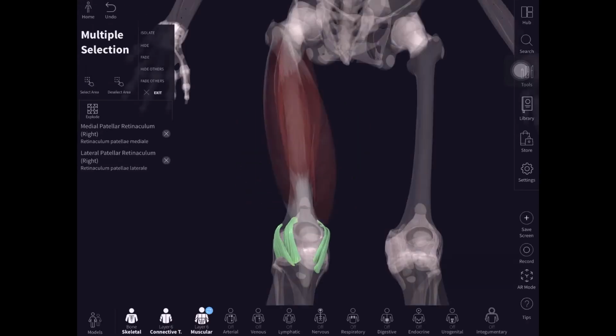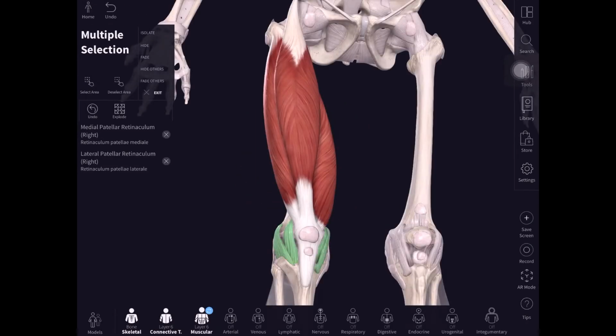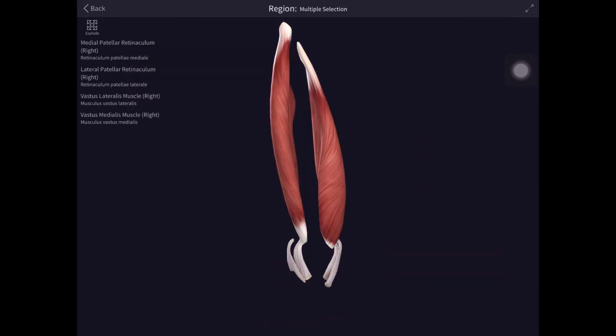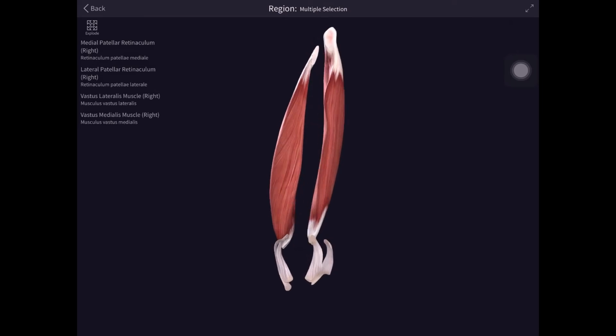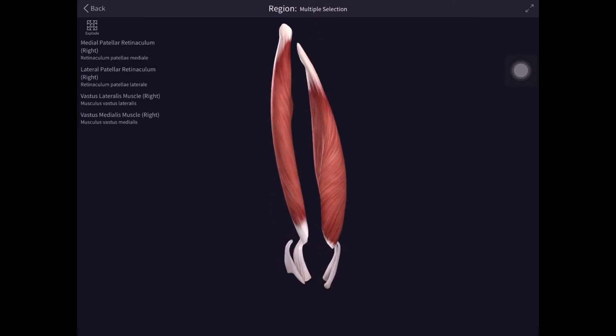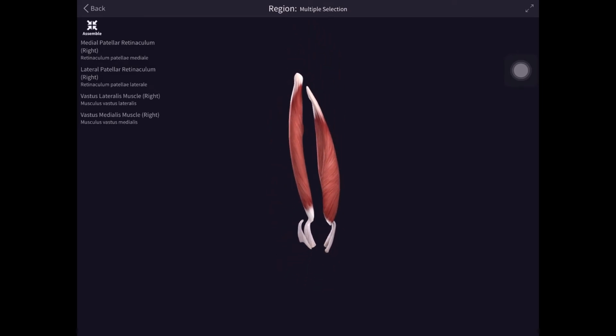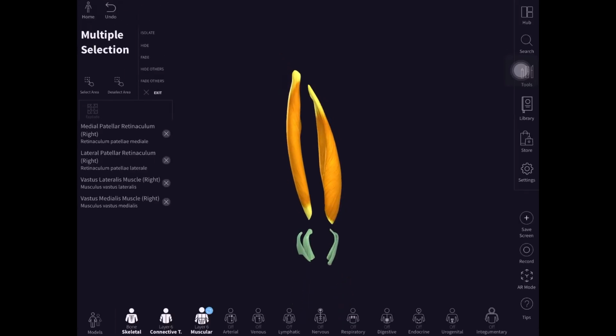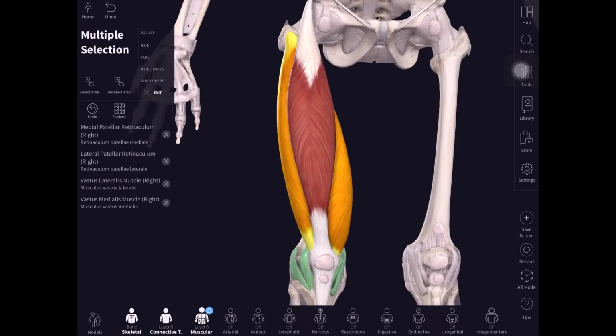These are your extension of the muscles. If we bring the lateral and the medial and then isolate, you will know these are the extension from the same.